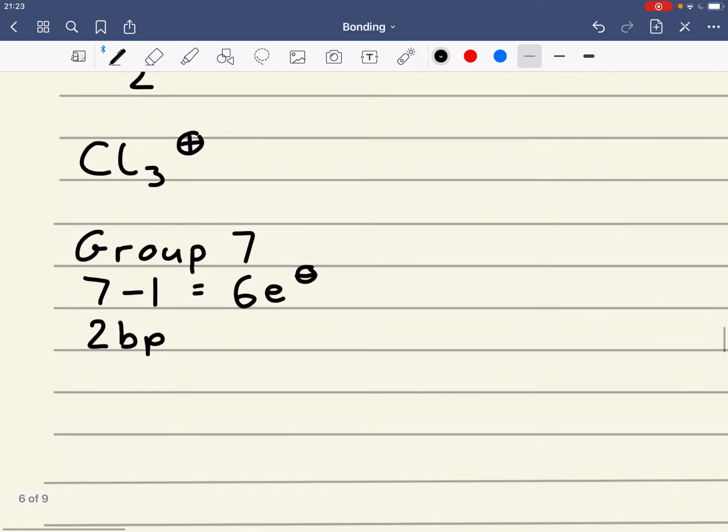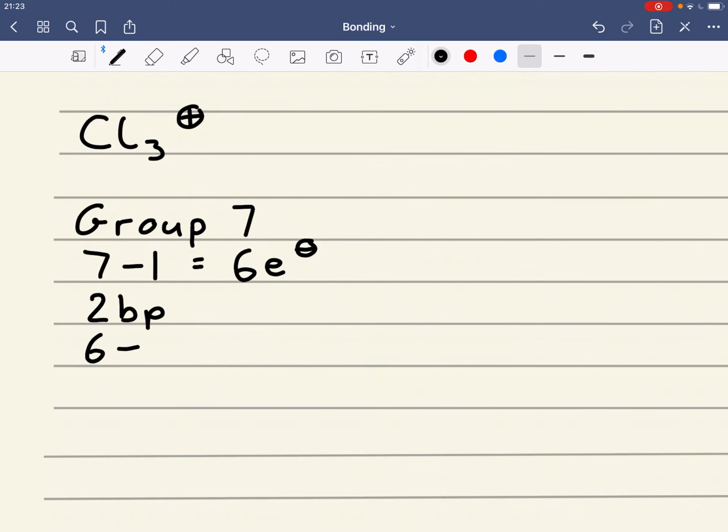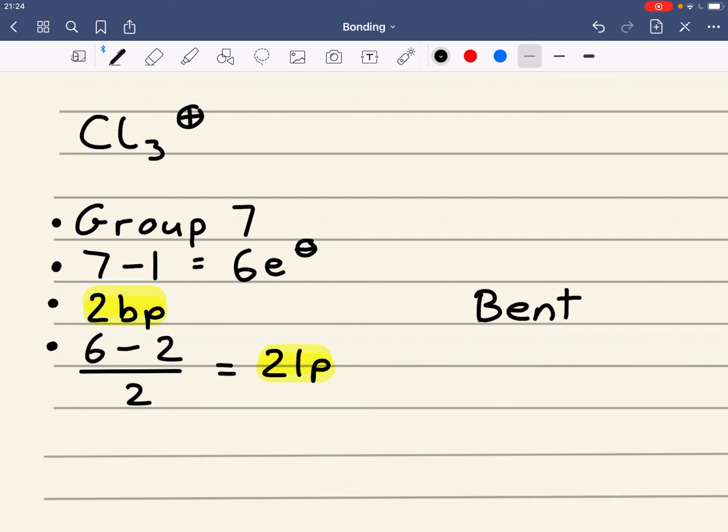Number of lone pairs then is going to be 6 minus 2 divided by 2, which gives me 2 lone pairs. And again, you should be able to recite the name of the shape if you've got 2 bonding pairs and 2 lone pairs. The molecule has the same shape as water, which is bent, with a bond angle of 104.5.